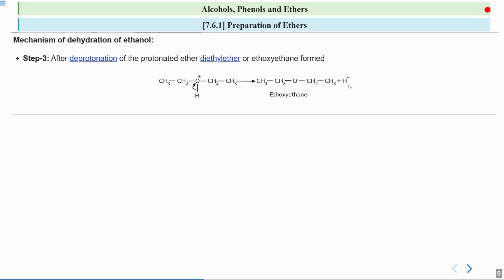So this proceeds in 3 steps, and by the SN2 mechanism, that is a bimolecular substitution reaction. When the temperature is 413 Kelvin, from your alcohols your ether is formed. And when the temperature is 443 Kelvin, then from your alcohol an alkene is formed by an elimination reaction. So this was the dehydration reaction. Okay, I hope this is clear now.